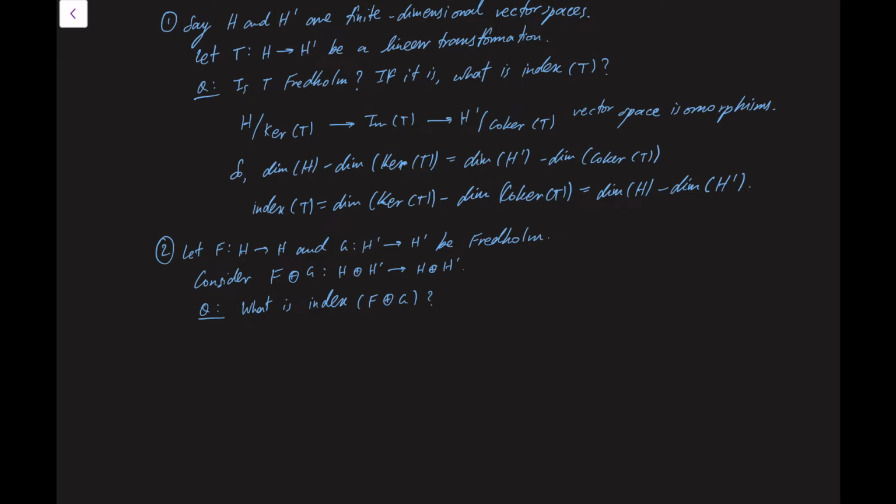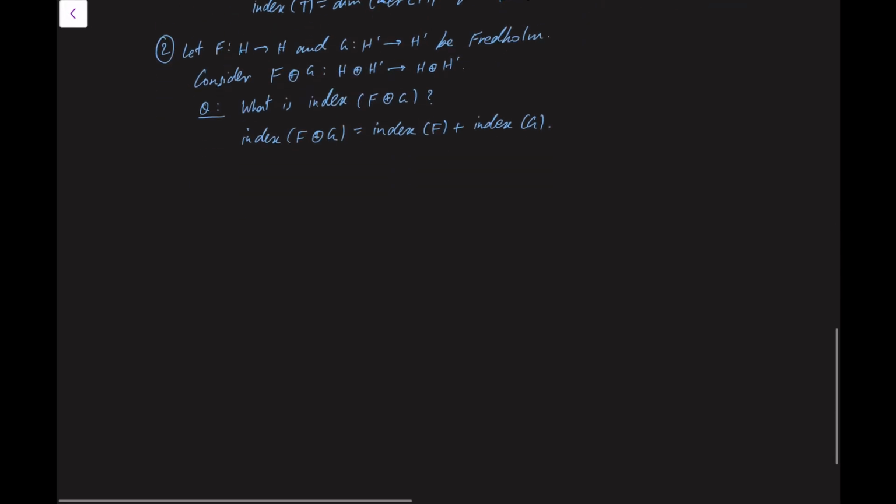So that means their indexes must also add. So we get a simple result that the index of f direct sum G is the index of f plus the index of G. So it's a very simple result that makes perfect sense.